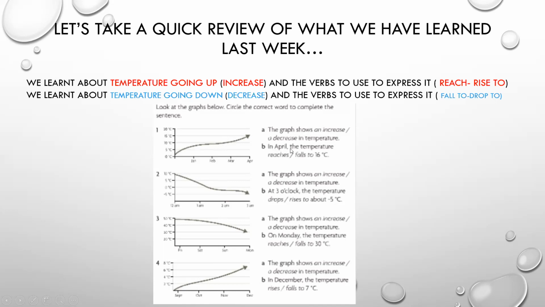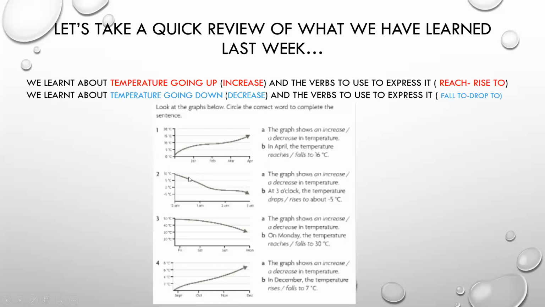In April, the temperature reaches or falls to 16. By looking at the arrow here, we can see that they are going up. So we decide that the verb is reach.